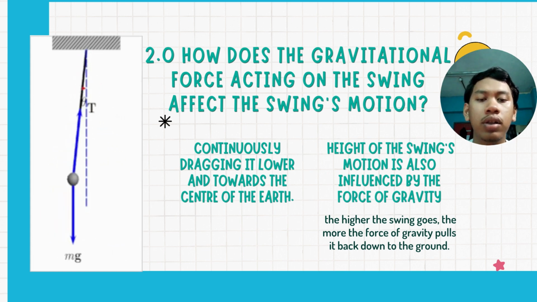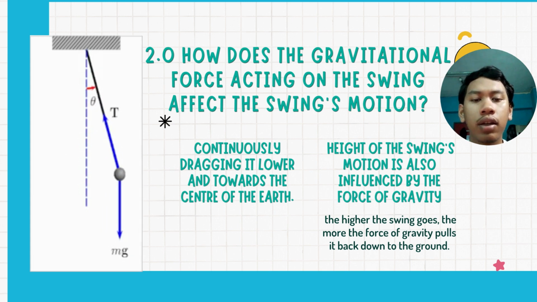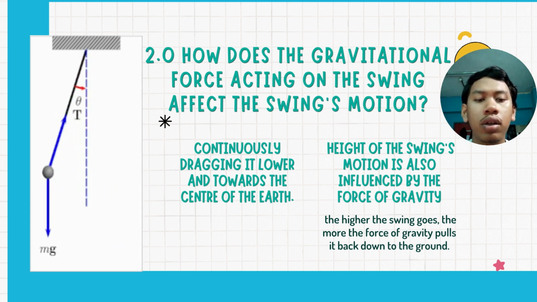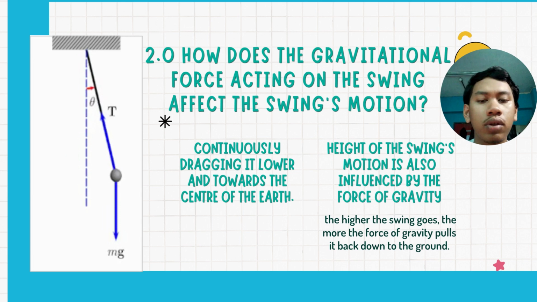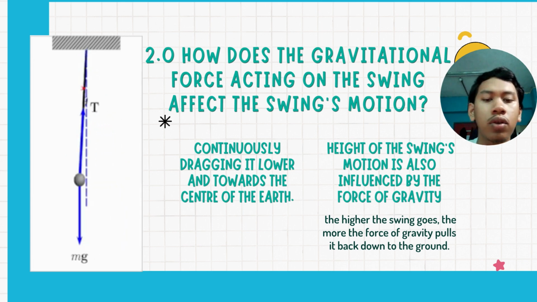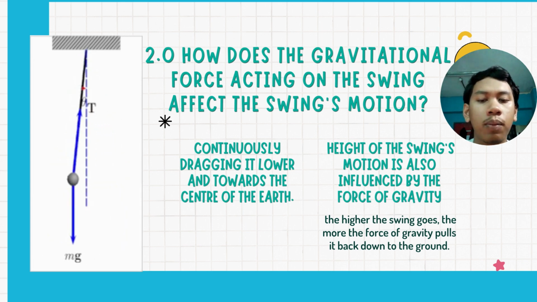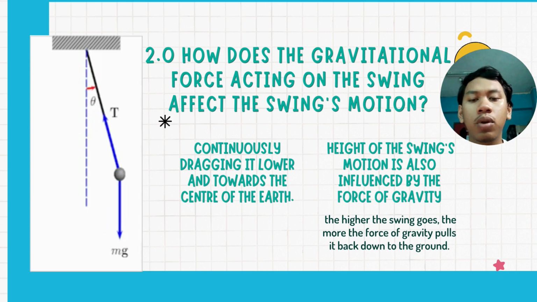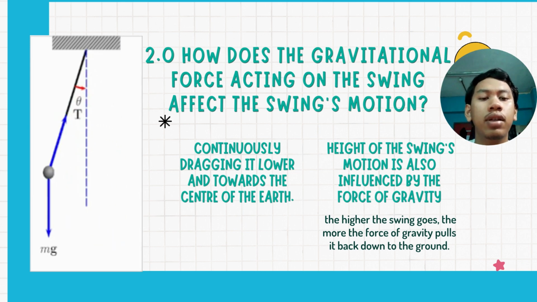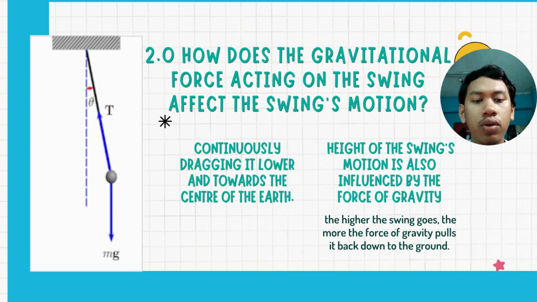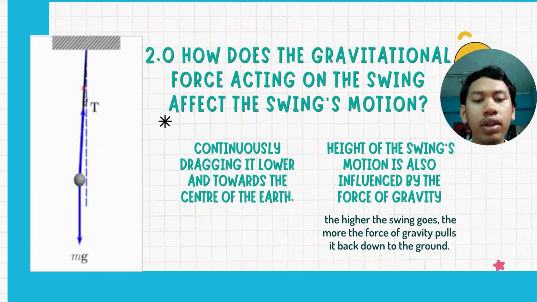So how can this gravitational force affect the swing motion? This force continuously drags the mass toward the center of the earth, which will make it become slower and slower. Next, the height of the swing's motion is also influenced by the force of gravity.